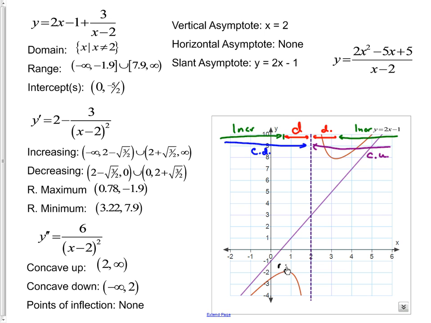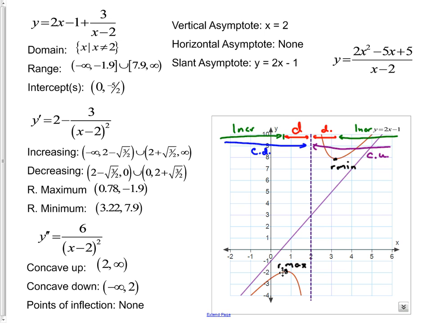This relative maximum here at the point 0.78, negative 1.9, and our relative minimum to the right of it at the point 3.22 and 7.9, and sure enough, decreasing, then increasing, relative minimum, it's a horizontal tangent, vertical asymptote, slanted asymptote, relative maximum, by going from negative infinity concave down to positive from 1 to 2.